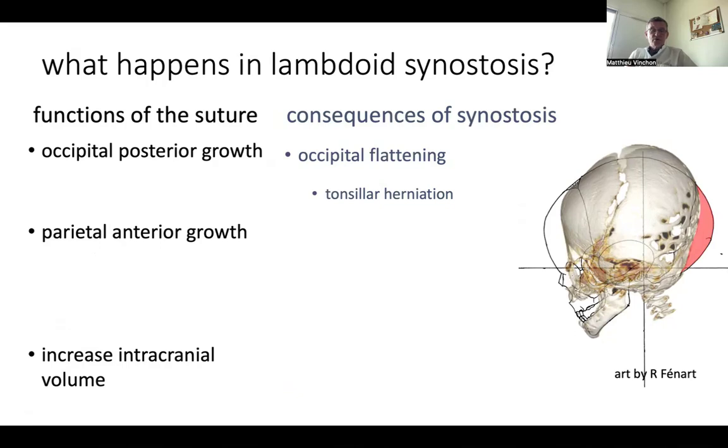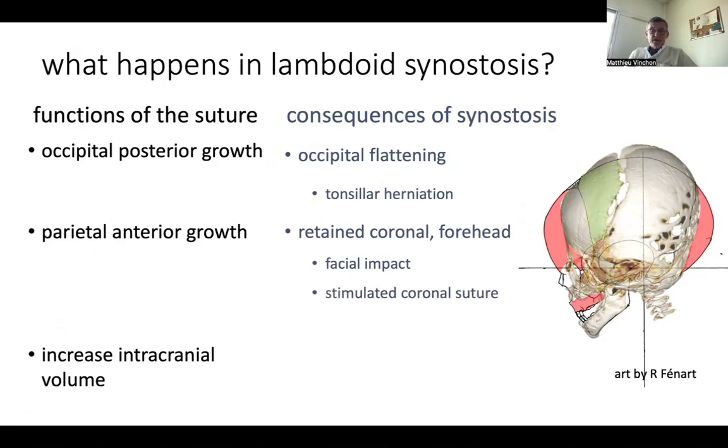Then we have parietal anterior growth, which, in the case of synostosis, we have a retained coronal suture and a flattened forehead. It has a facial impact because the forehead is retained not just backward but upward, so the orbit is higher as well as the maxilla.